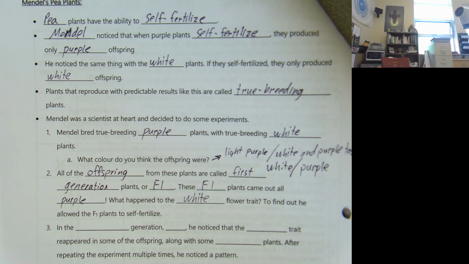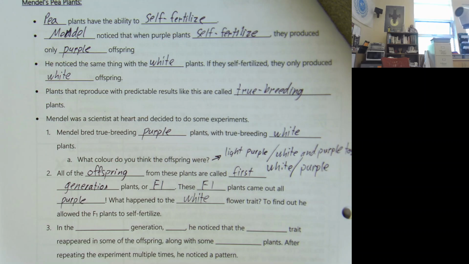Purple plants look like this. The sperm and egg both purple in a purple plant, a self-fertilizing purple plant. Sperm and egg in a white plant, both white. If purple's the dominant one, that means that when these bred, this one carried the code for purple, and breeding with a white flower, this one carried the code for white.